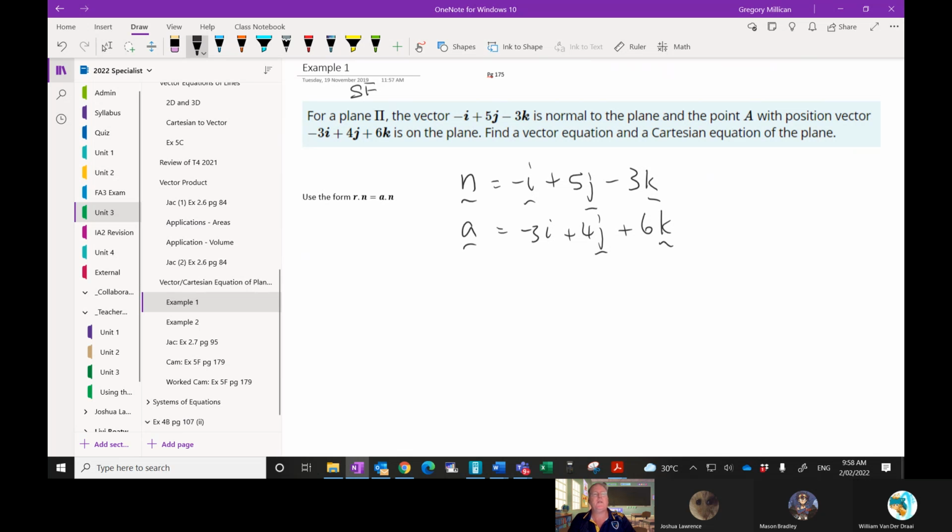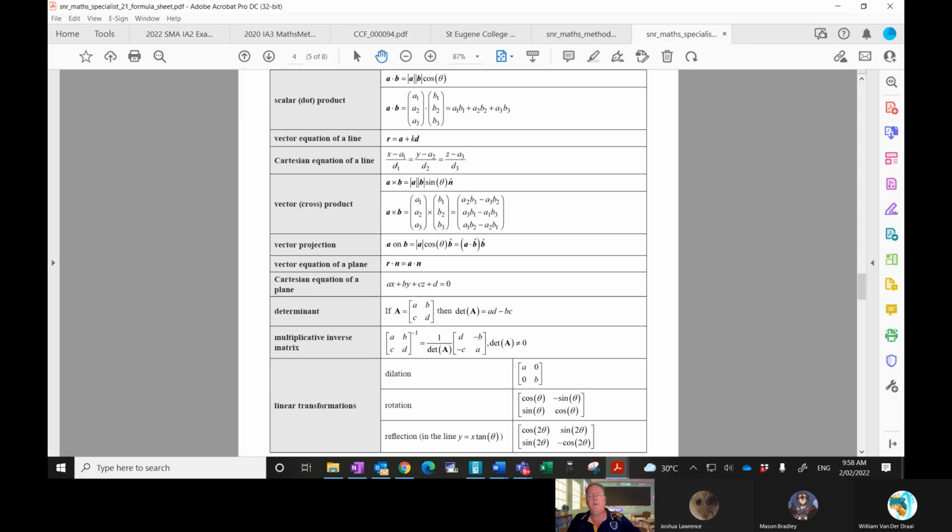Find a vector equation. So we're just going to do the first part, the vector equation part of it first, and then we'll deal with the Cartesian part of it in a second. Just to remind you, you can see here on your formula sheet that this formula is given to you: vector equation of a plane, r dot n equals a dot n.